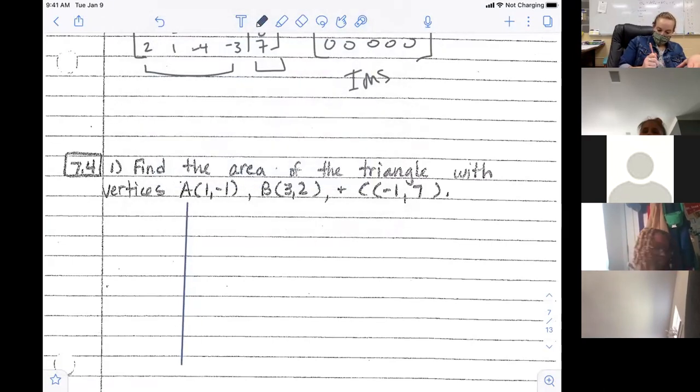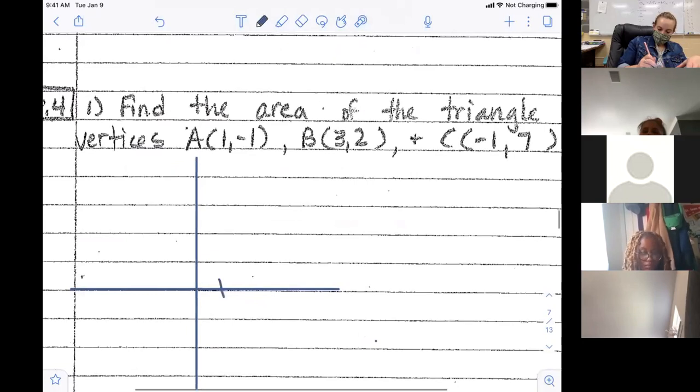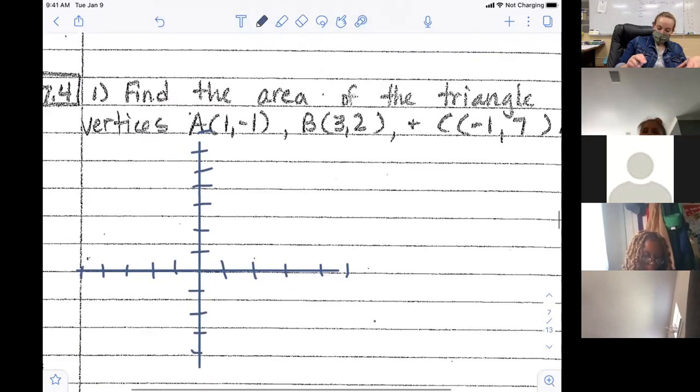I'm going to try, it's a sketch, but I'm going to try my best. 1, 2, 3, 4, 5. 1, 2, 3, 4, 5, 6, 7. All right, good enough. Again, sketch, but I do want to visualize what I see. I'm going to graph my points. (1, -1) is where A is. (3, 2) is where B is.